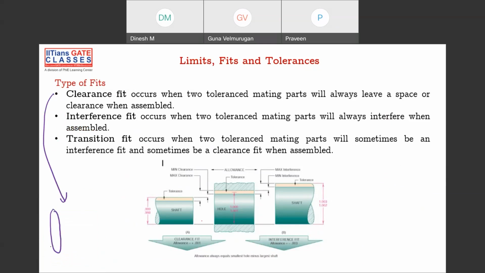My hole maximum value is this much. I'll draw in different colors, then it will be easier to understand. Maximum hole dimension is this, and minimum hole dimension is this.